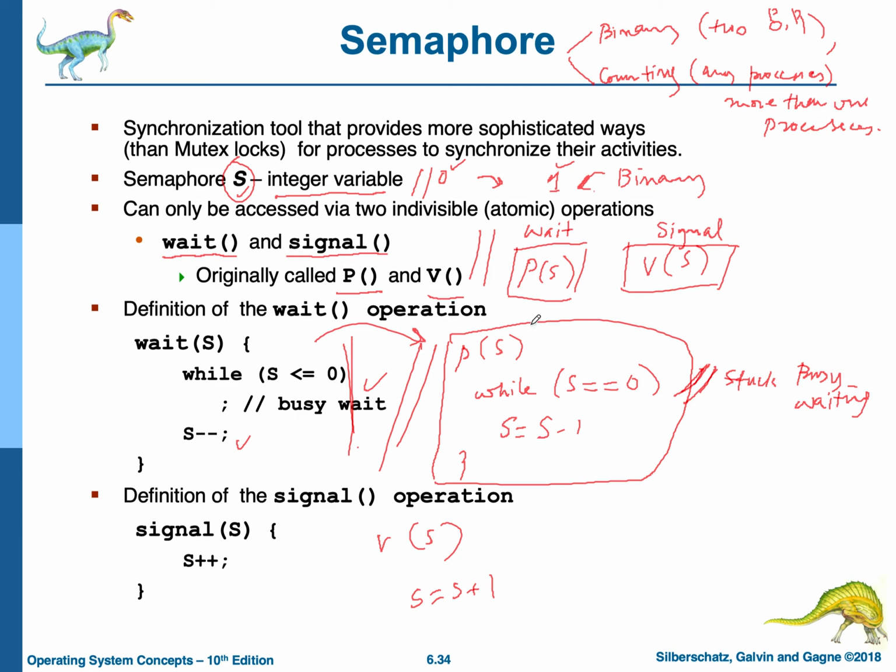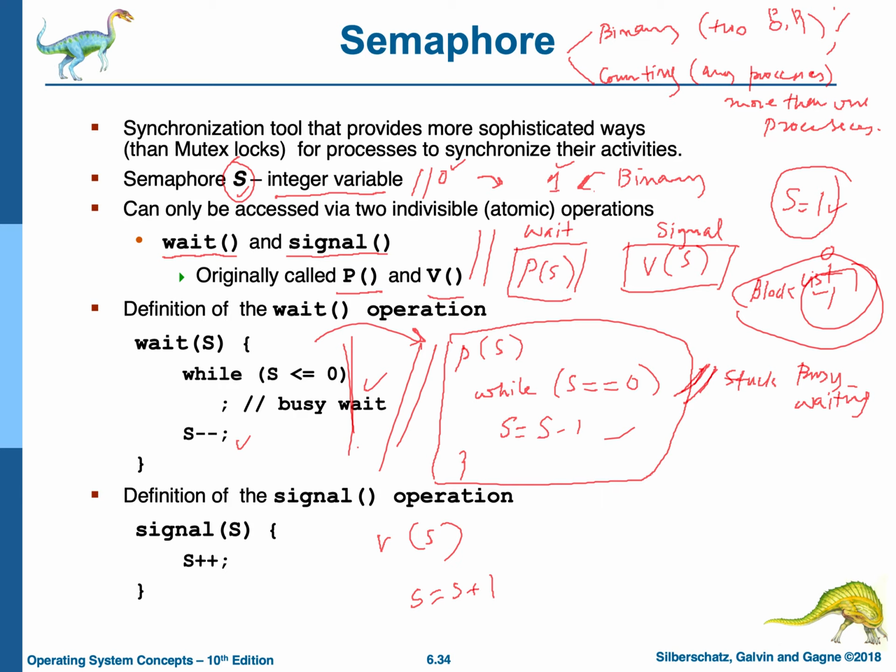Initially the value of S is 1. Why? Because if it is initially 0 and is decremented by 1, it will go to minus 1. This minus 1 represents the block list. As binary semaphores don't have a block list, we initialize S with 1.